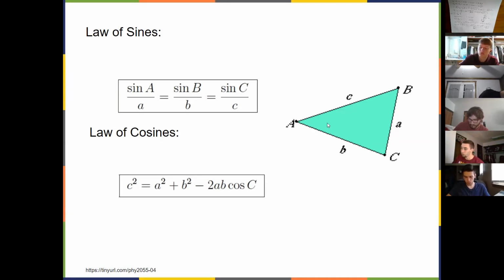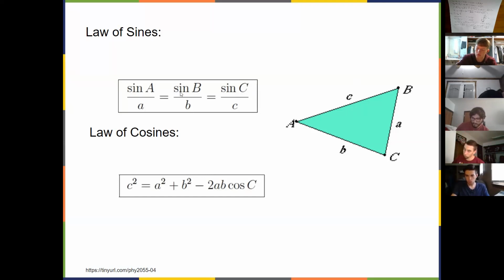So a is the length opposite to angle A, b is the length opposite to angle B, and c is opposite to angle C. The law of sines says that sine A over a should be equal to sine B over b, should be equal to sine C over c.